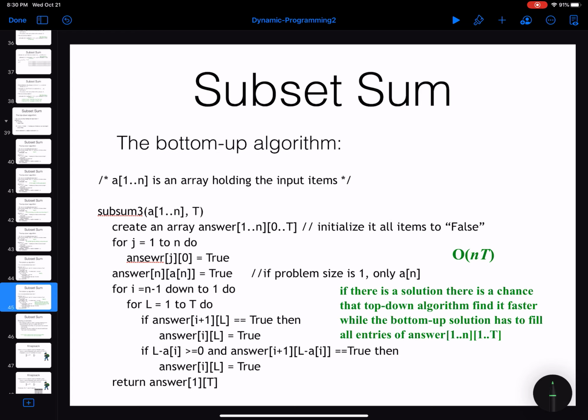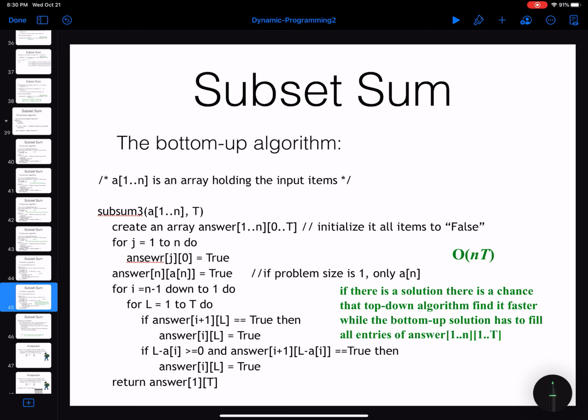But in this case, because you are just looking for a true or false answer, there's a good chance that if you write your algorithm in a top-down way, you find the answer earlier, and whenever you find it, the search will be finished.